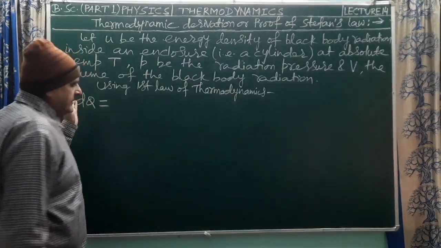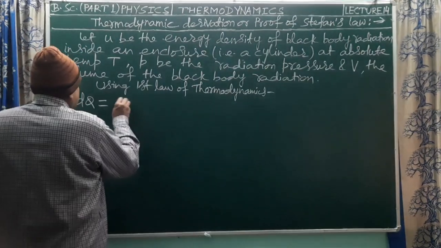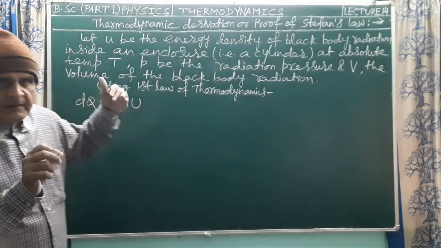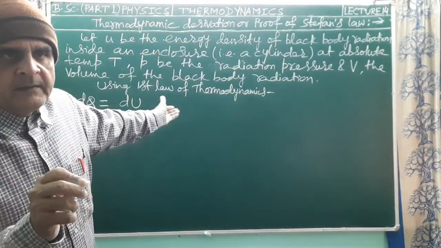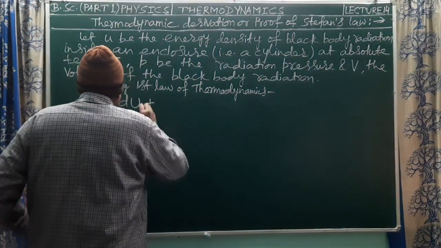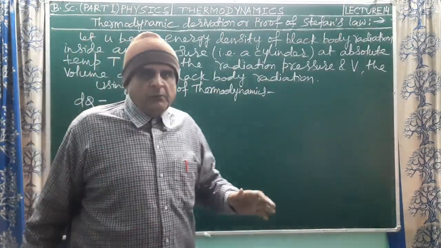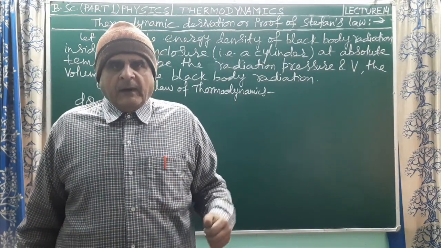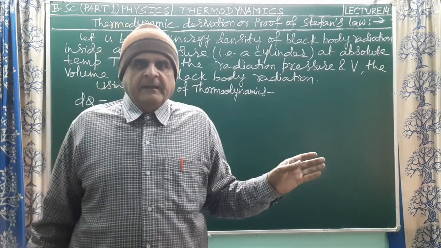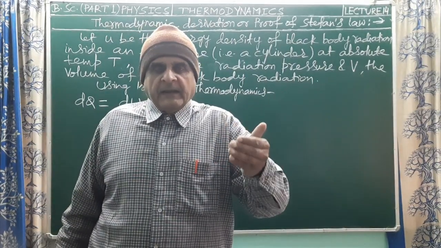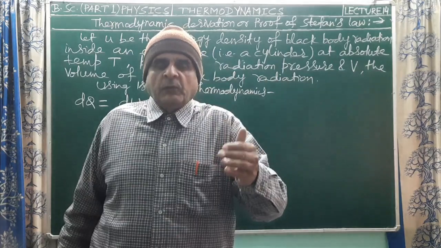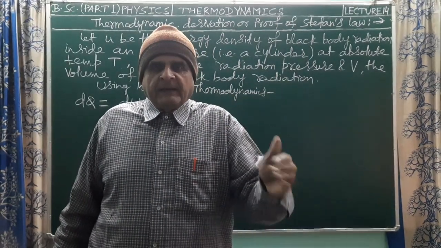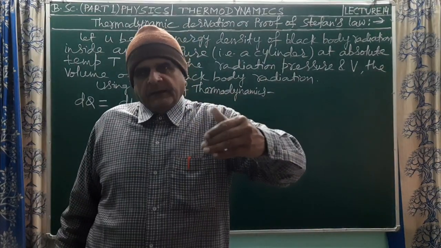So dq, the heat supplied to the system, equals du, the change in internal energy of the system. Some part of it is used to increase the internal energy of the system, which is du, plus the remaining part of the heat energy is used by the system for work done by the system at constant pressure P, and that work done dW is equal to P multiplied by dV, that is, at constant pressure P, the increase in volume of the system is dV.